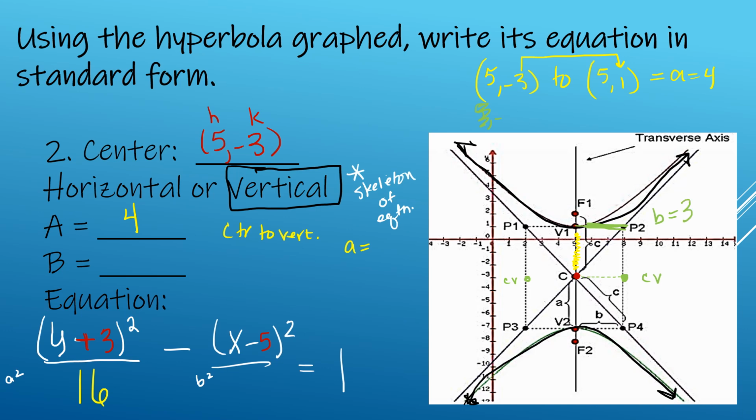So that's a total distance of 3 units. Remember, our center to a co-vertex is b, which in this case is 3. Then I can square that and put it in the correct portion of my equation underneath my x. So our final equation is y plus 3 squared over 16 minus x minus 5 quantity squared over 9, all equals 1.